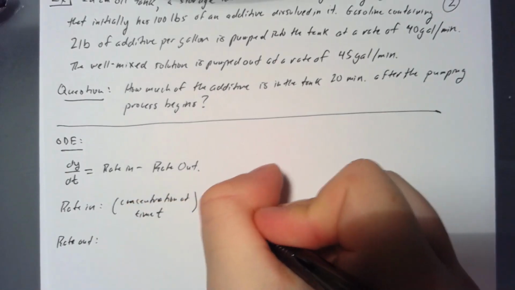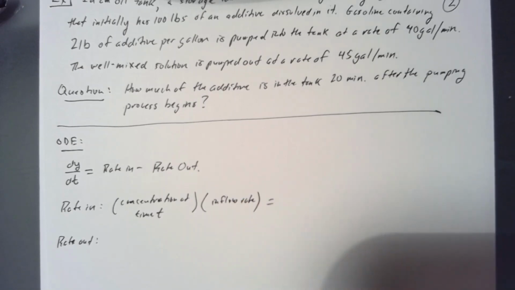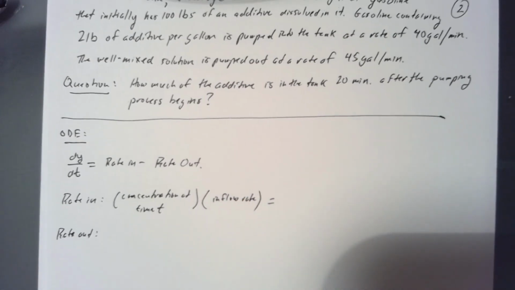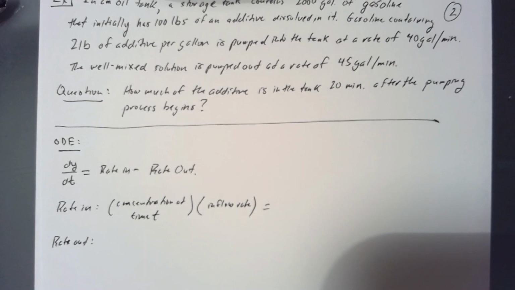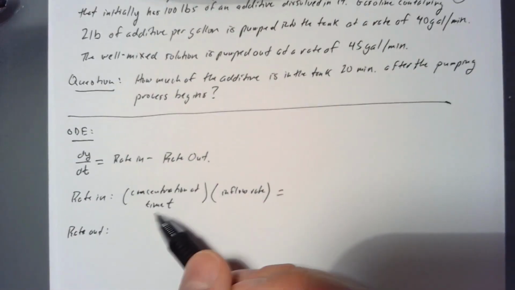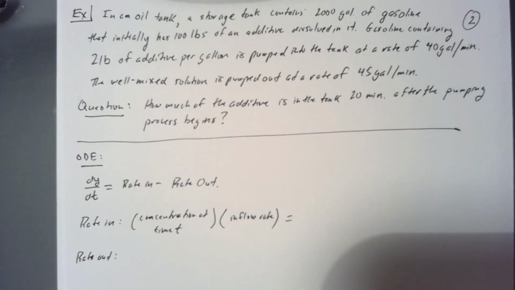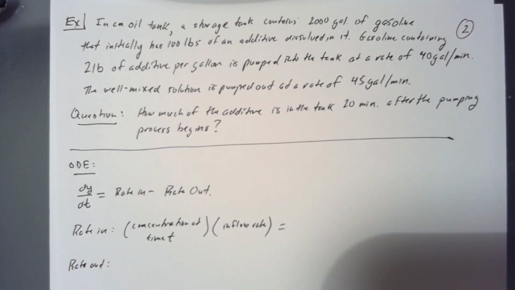Times the inflow rate. So let's see if we could find that in our problem. What's the concentration of stuff per gallon in this problem? Let's figure that out.